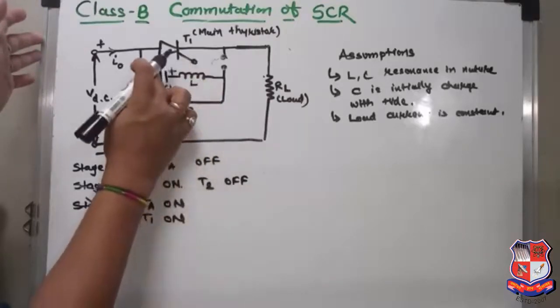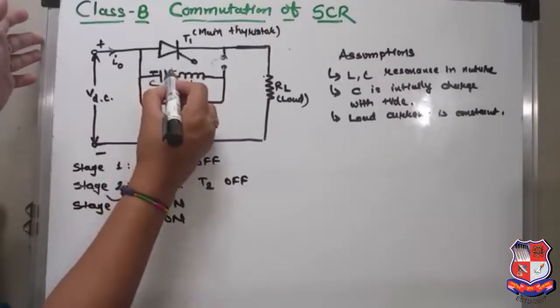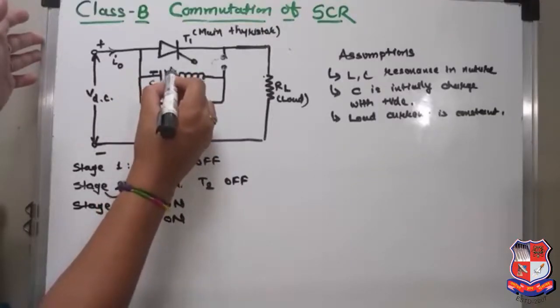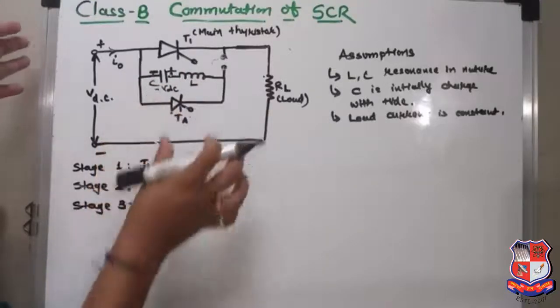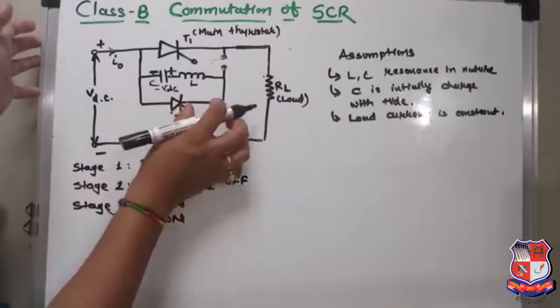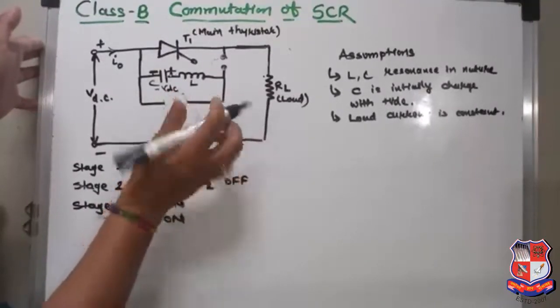here a positive and here a negative. The capacitor is charged in the opposite polarity, so it is minus VDC, and TA is turned off, so it is open circuited.